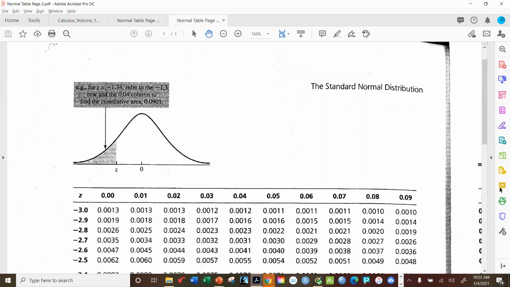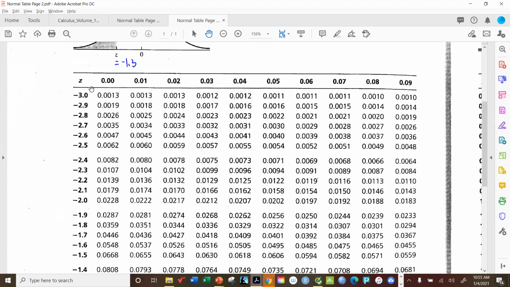Okay, by the way, the negative table is set up to do the same thing, except with negative values. The areas below the mean, let's say z is negative 1.3. This one could be broken down into this plus, actually, the way we would write that is negative 1.3 plus 0.00. So the negative 1.3 comes from the first column.